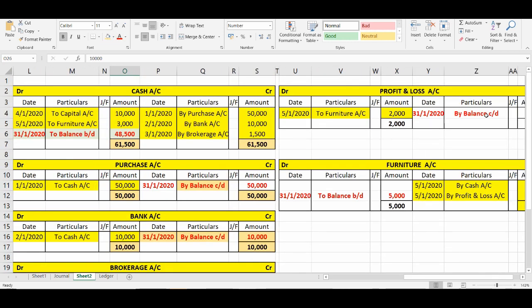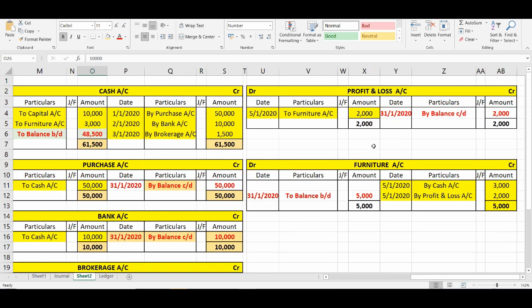Similar transaction will be done for profit and loss. 2,000 heaviest, and over here balance will be carried down on 31st Jan. It's the last date of the month.